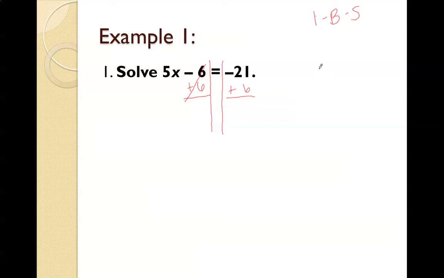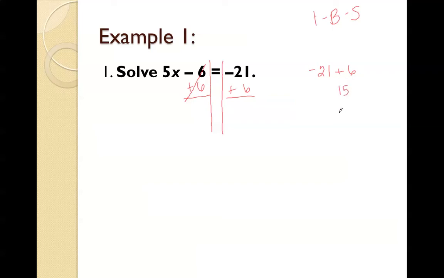Now, I'm going to come over to the side of my paper and rewrite this as negative 21 plus positive 6. Now, we have to remember our rules for integers here. We have a negative 21 and a positive 6. Are the signs the same? No, so we're going to subtract. 21 minus 6 gives me 15.